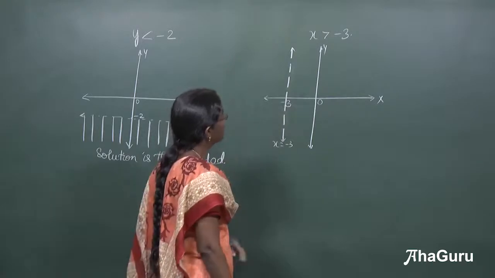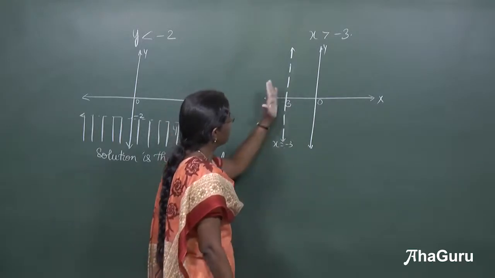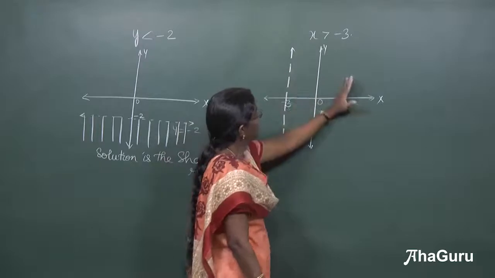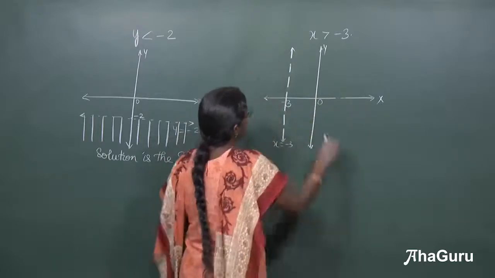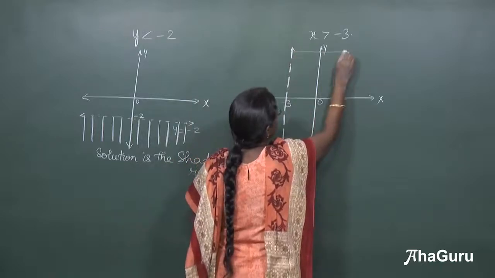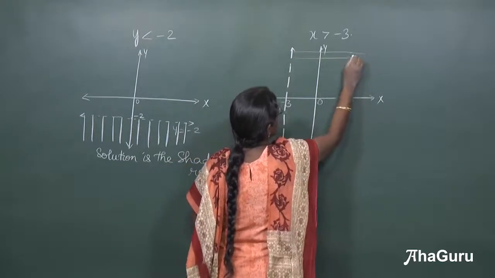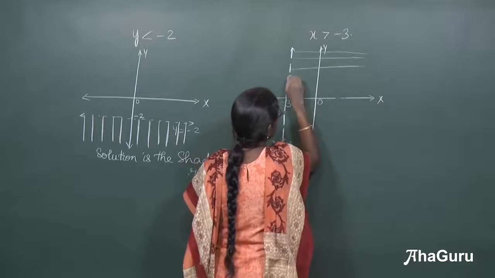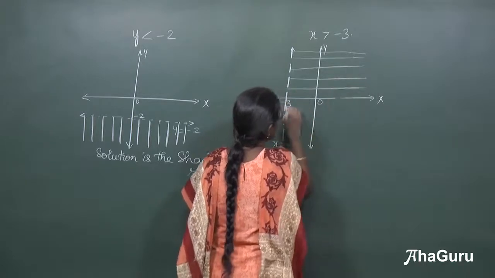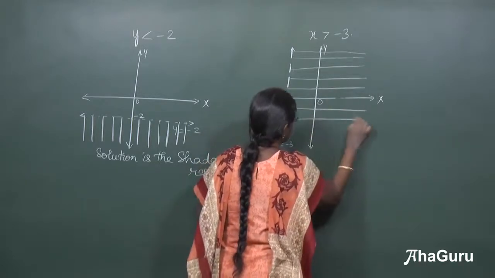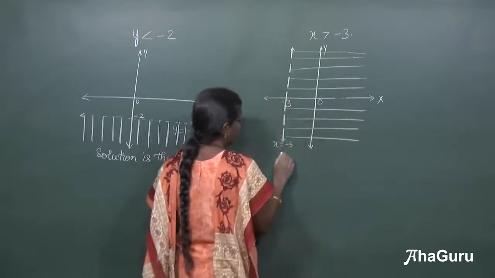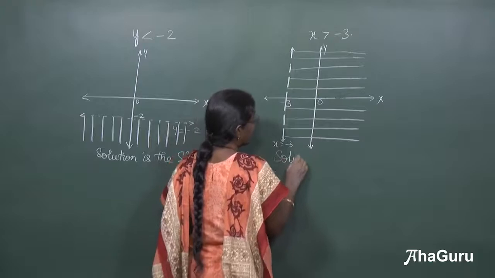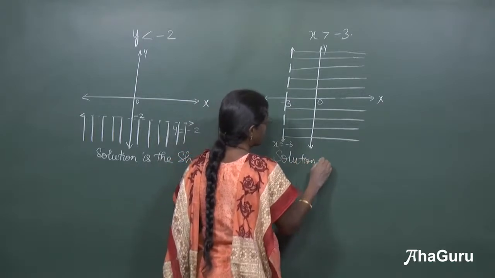Now, what is asked here? The region is x is greater than minus 3. Greater than minus 3 is to the right of this line and not to the left. So, the region here will be this entire region, and write the answer: the solution is the shaded region.